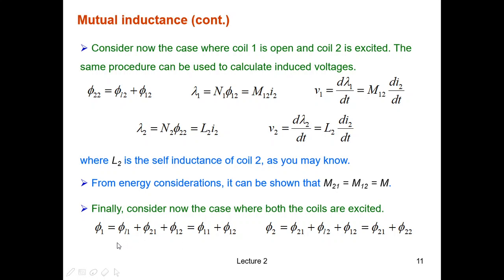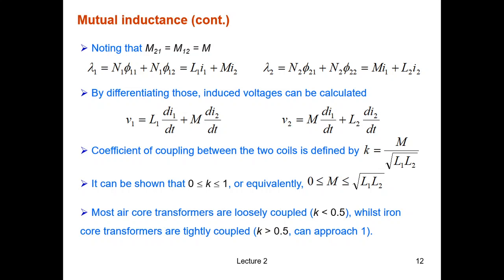The first two sum to give you the total flux created by coil 1, and then this is the flux in coil 1 created by coil 2, similarly for coil 2 here. Whatever is in one coil but created by another coil is related to a mutual inductance.